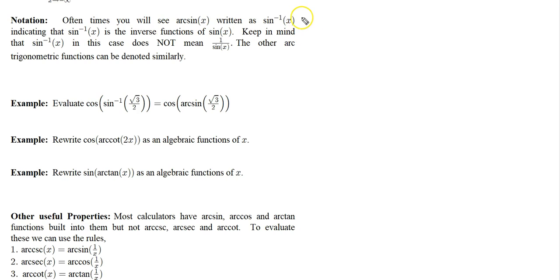Now here's some notation that you'll see used a lot of times for the inverse trig functions. We've been using the arc notation for inverse trig functions, but a lot of times you'll see this written. So in place of arc sine, for example, you'll see this written like that.